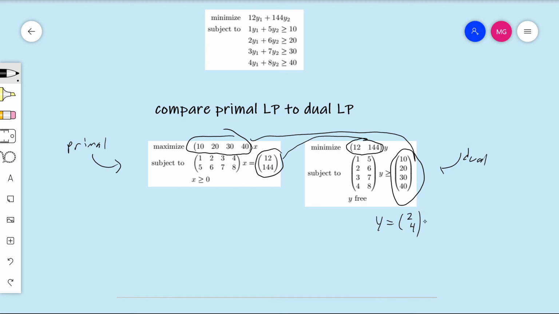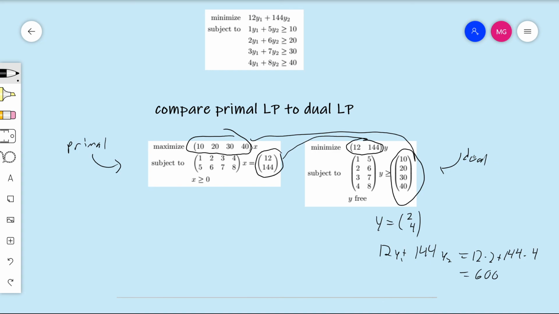So y is feasible, and we can plug this y into the dual linear program objective. So we have 12y1 plus 144y2. That's 12 times 2 plus 144 times 4, and I computed ahead of time that it's equal to 600.